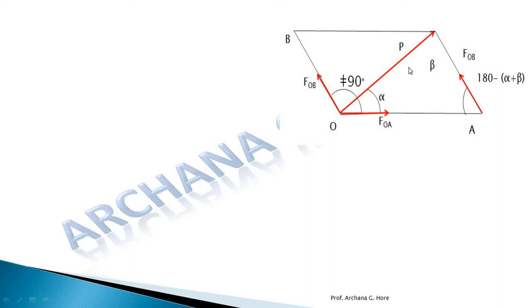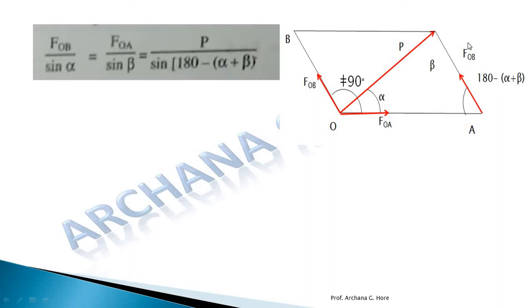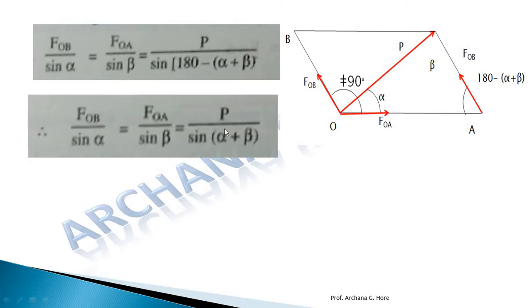By the sine rule, P divided by the sine of the angle opposite to it equals FOB upon sine of alpha, equals FOA upon sine of beta. Here sine of 180 minus (alpha plus beta) is nothing but sine of (alpha plus beta).